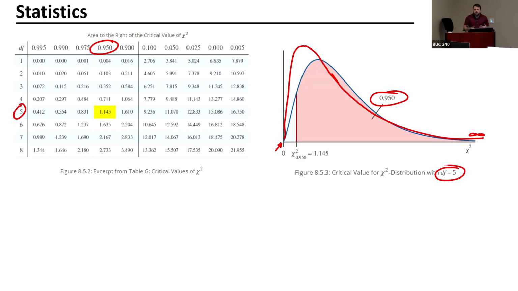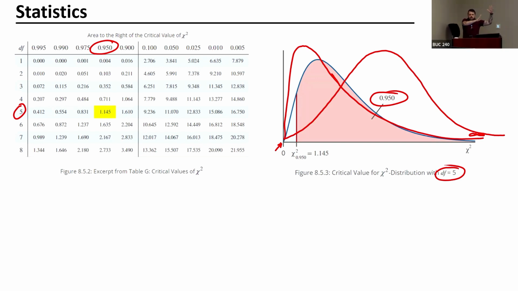But let's say we got a degree of freedom of like 1,000. Well, that's going to turn into that. It would still be starting at 0, but notice as your degrees of freedom increase, that wave kind of moves, and it'll start approximating the normal curve. That's what this is saying.